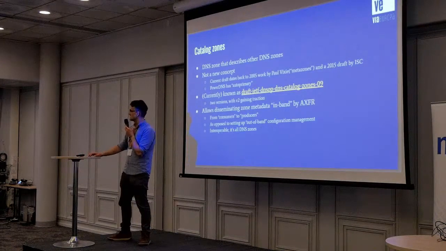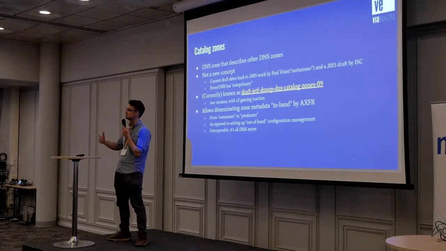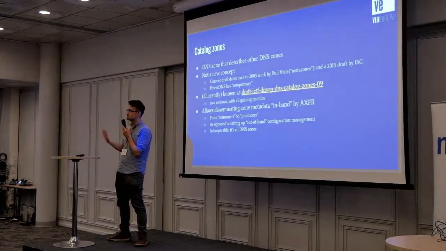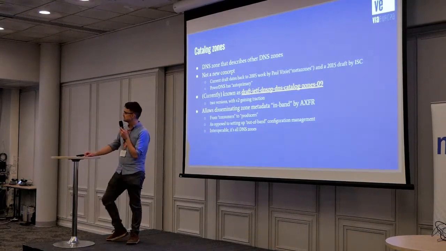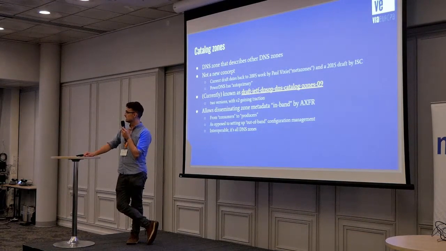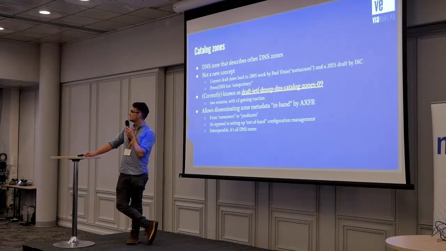Yes, so catalog zones. What it is at its core is a DNS zone that describes other DNS zones, metadata, and it's not a new concept. The current IETF draft describing this dates back to 2005, through the Paul Vixie meta zones draft and the ISC draft.